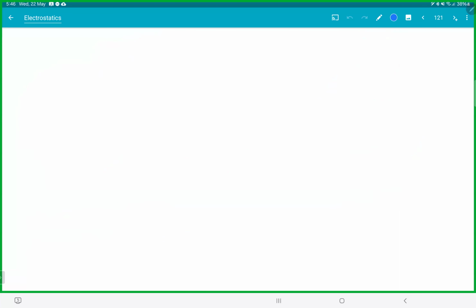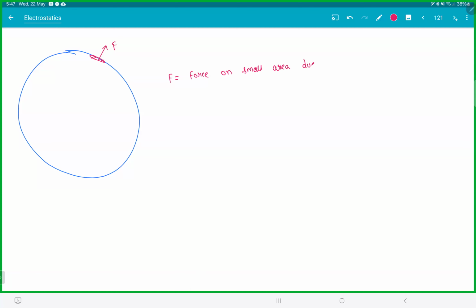Because if you take this small sheet here, F is the force on this small area due to the remaining shell.